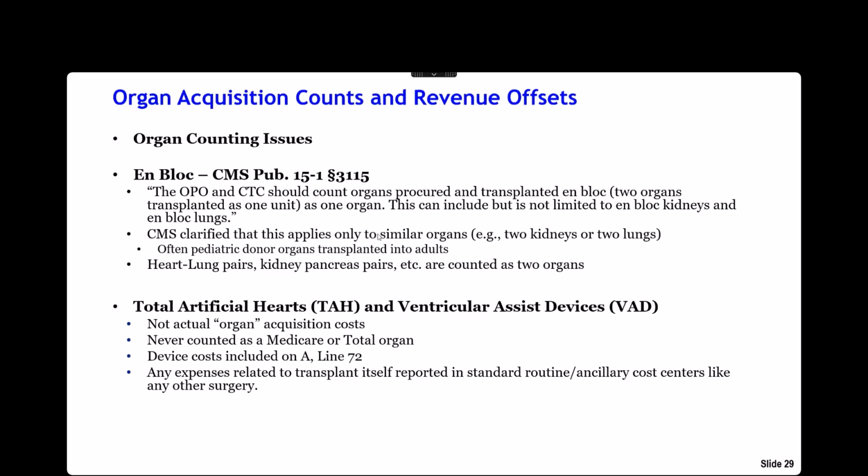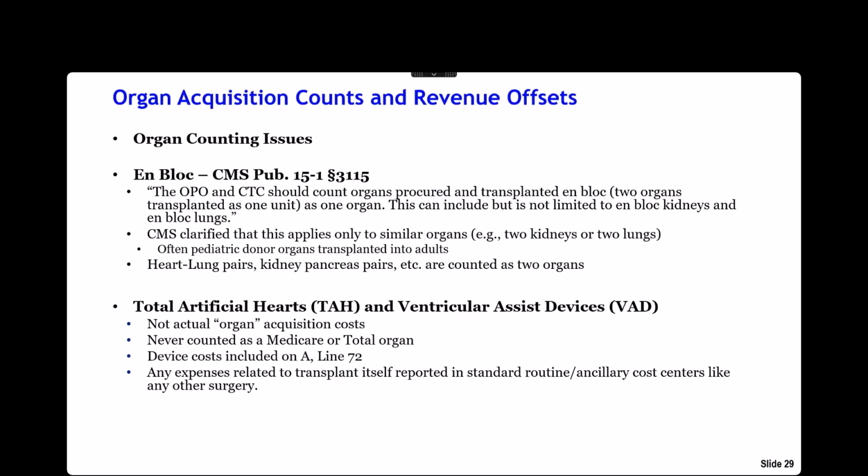So CMS clarified that this one organ counting only applies when they're the same thing. The definition of en bloc also includes something separate where there's two organs that are transplanted together, even though they're different, like a heart and a lung. Sometimes they're transplanted as a pair because they generally work better if it's the same donor that had both the heart and the lung.